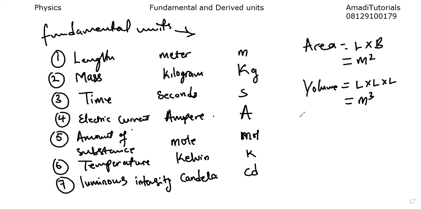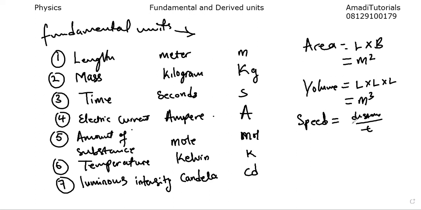Same with speed. Speed is a derived quantity with a derived unit. Why? Because speed is what? Distance over time, the distance you've covered related to time. And we know that distance is the same thing as length.